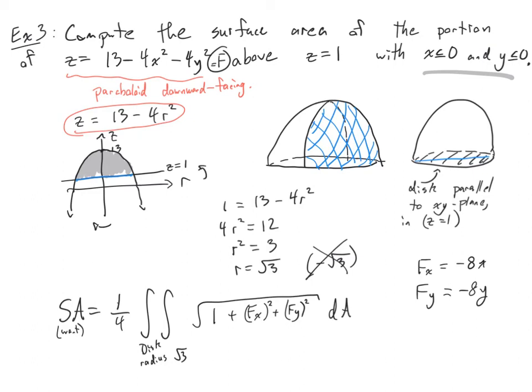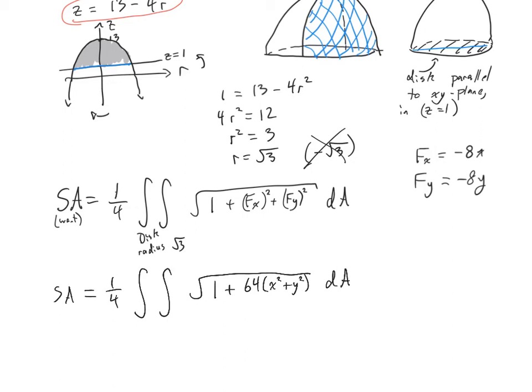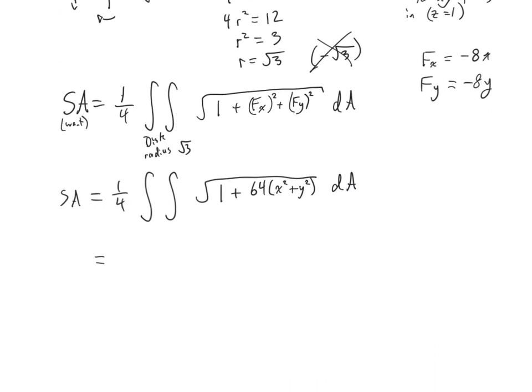So, scrolling down, my integral is a fourth of the integral of the square root of 1 plus 64 times x squared plus y squared dA, since 8 times 8 is 64. I'm going to immediately turn that into polar coordinates. Theta goes from 0 to 2 pi. r goes from 0 to radical 3, because that's our disk.